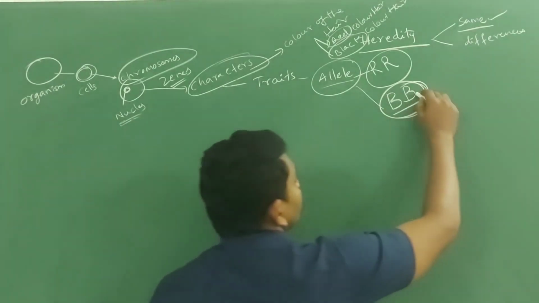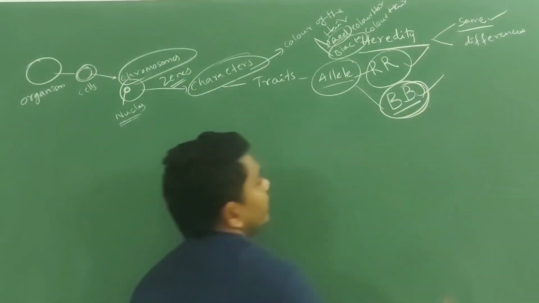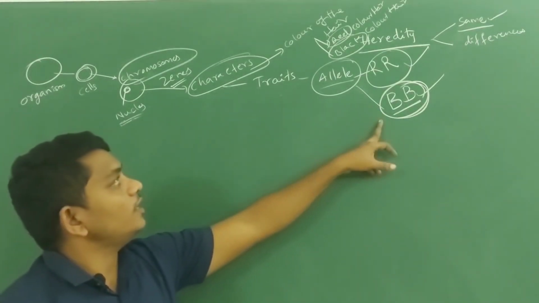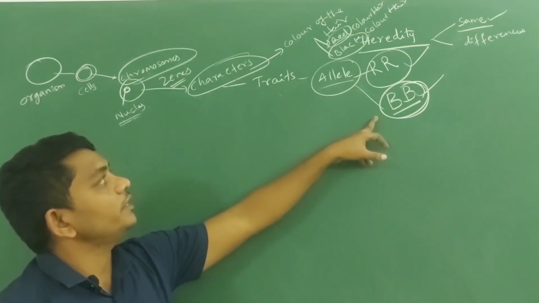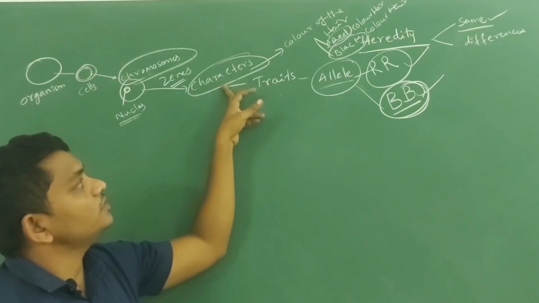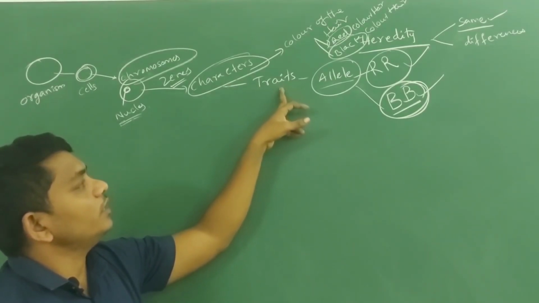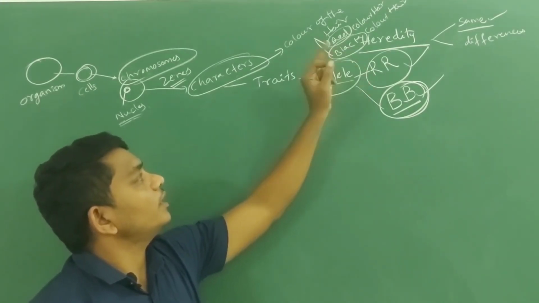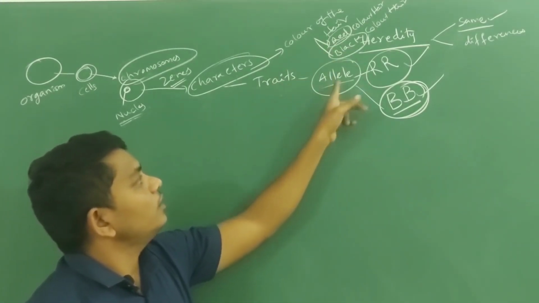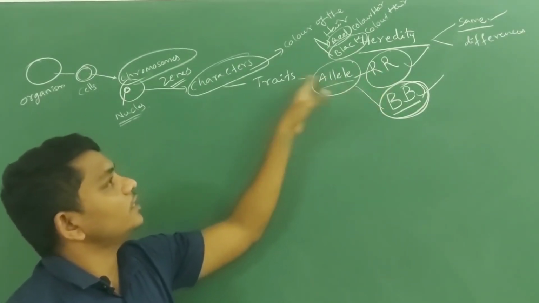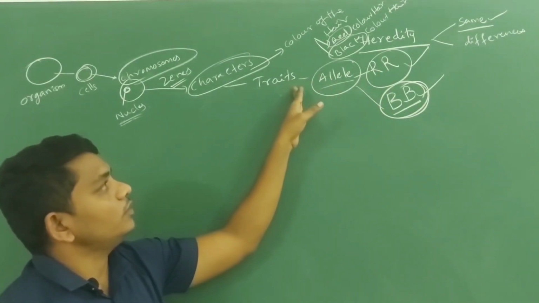So BB means black, RR means red. This is called an allele. The allele indicates the trait, and the trait indicates the character. Red color and black color are traits. The allele is the factor which shows the trait.